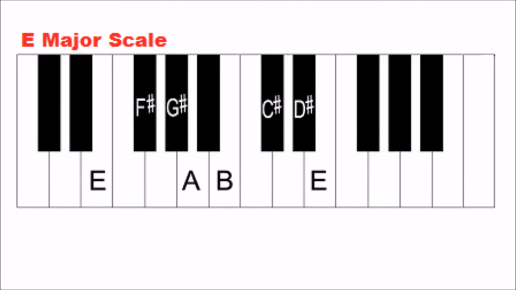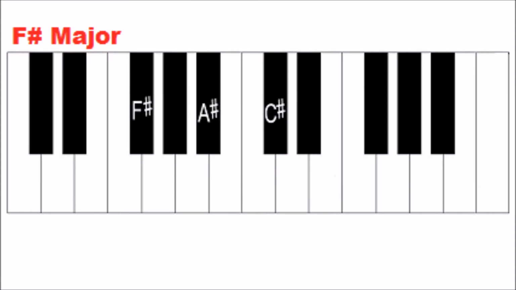Let's move to the note F sharp. What chord should we play? It cannot be F sharp major because the notes of the F sharp major chord are F sharp, A sharp, and C sharp.